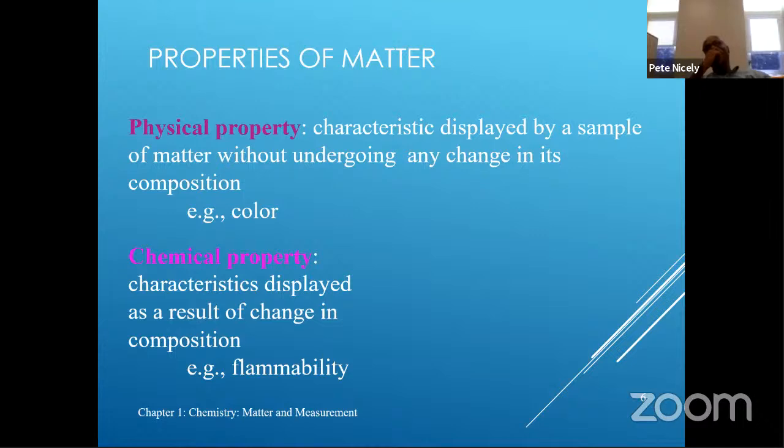Okay, can you come up with one more example of a chemical property displayed by a substance? Come on, one more shouldn't be too hard.